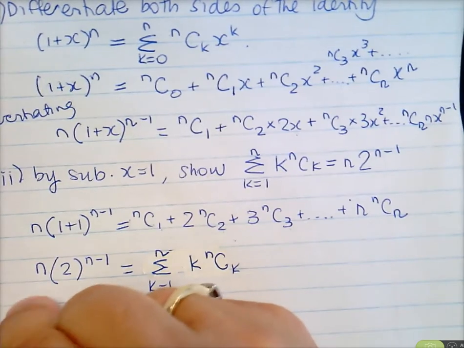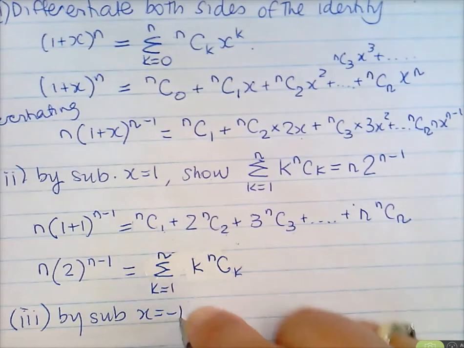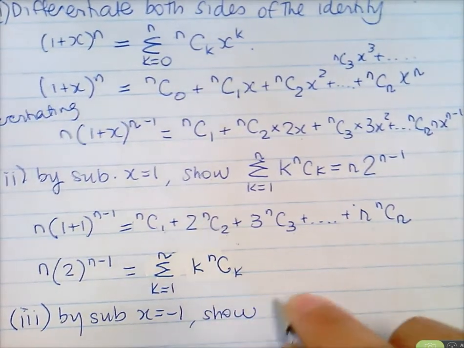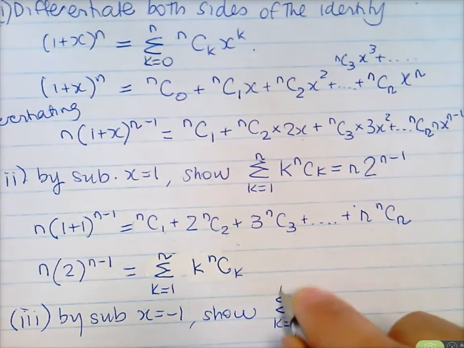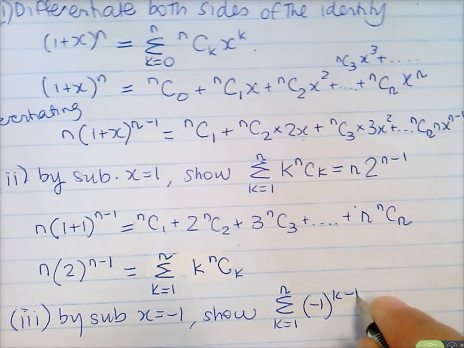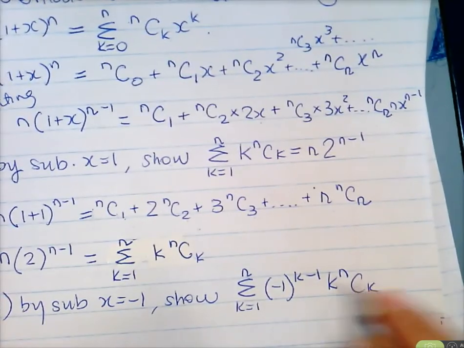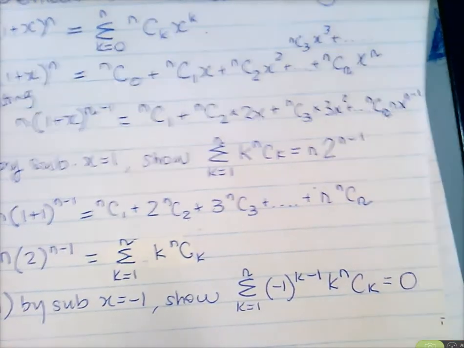Then part 3 says by substituting x equals -1 into that expression, we want to show that the sum of all terms from k is 1 to n of (-1) to the k minus 1 times k times nCk equals 0.